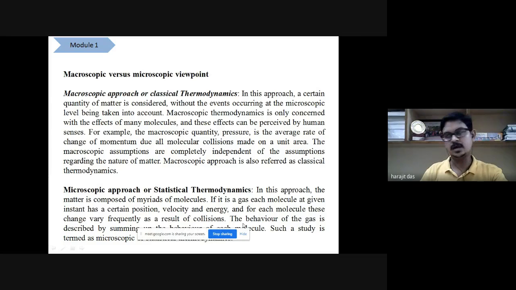Just like rocket technology, if you want an example. In rocket technology, we need to analyze the nature of each and every particle or molecule, so that the velocity, the energy, whatever properties, can be thoroughly understood, so that there is no problem in launching the rocket or in its travel.